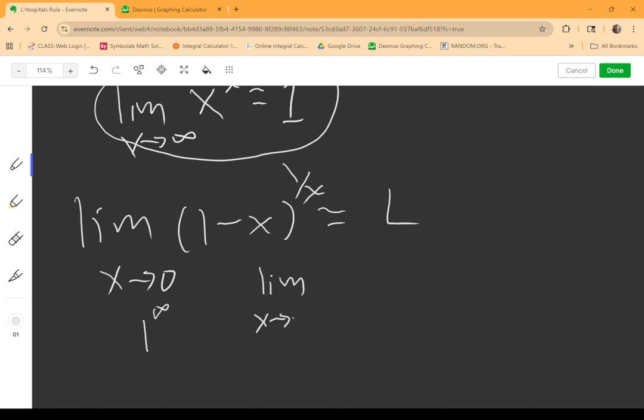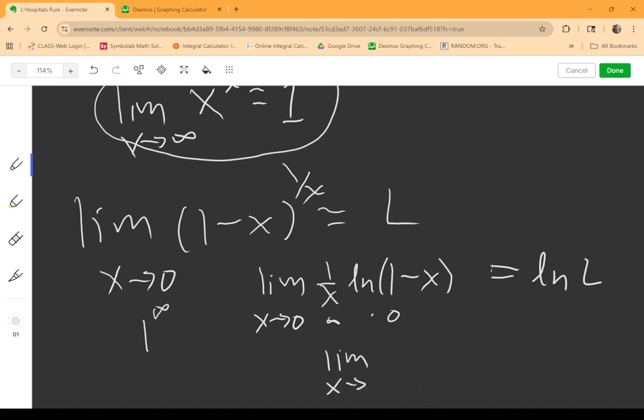So we get the limit as x tends to 0 of 1 over x times ln of 1 minus x equals ln of L. Here this is tending to infinity and that's tending to 0, so we have infinity times 0. Rearranging this, we have the limit as x goes to 0 of ln of 1 minus x over x.